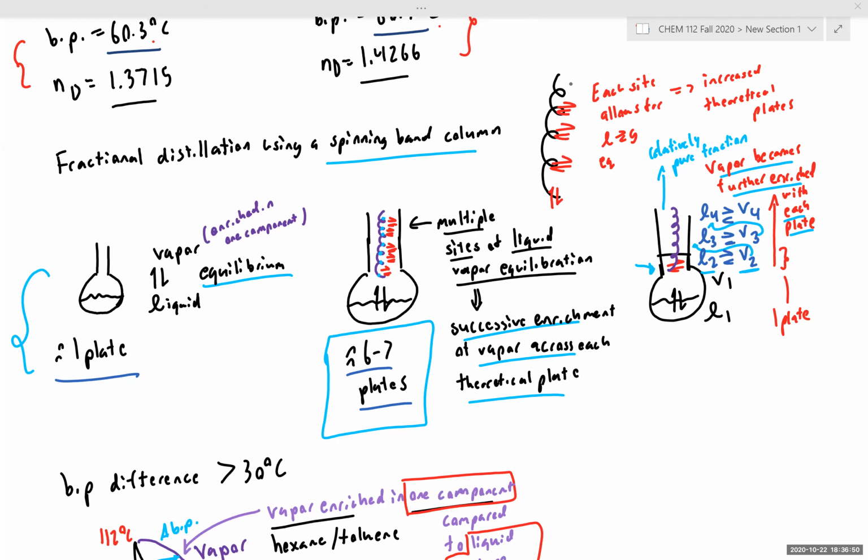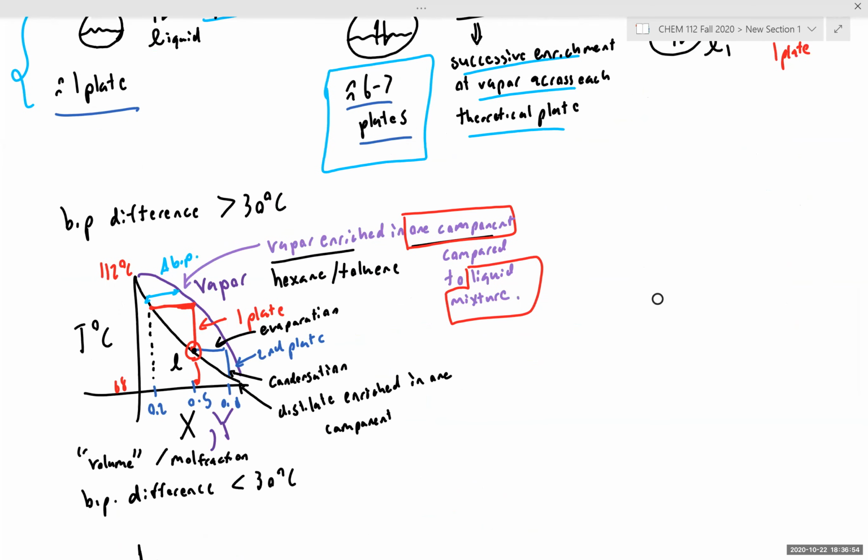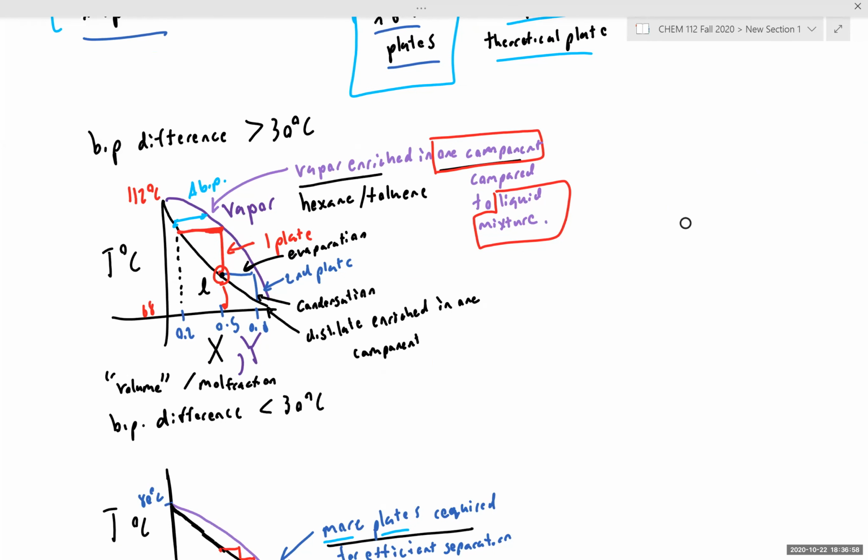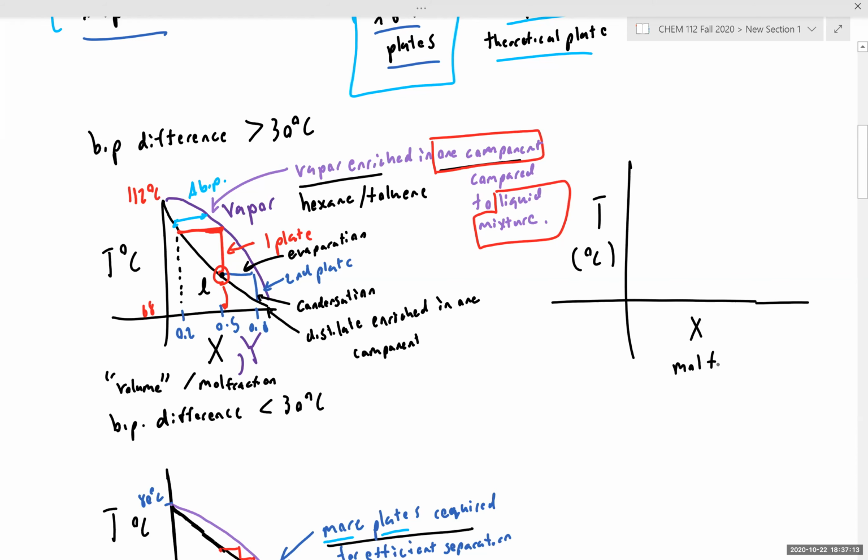Okay, so to keep going, if we think about our classic vapor pressure curves, for example, just to draw it out, we have our temperature in degrees Celsius as a function of x, which is your mole fraction.